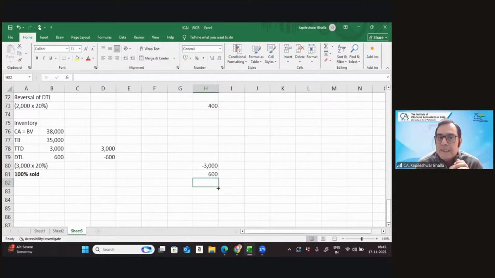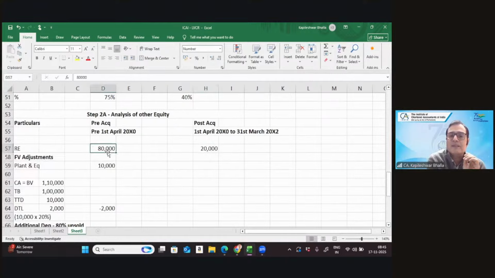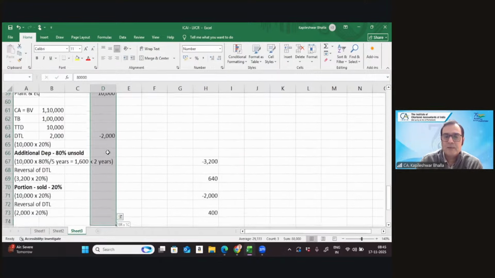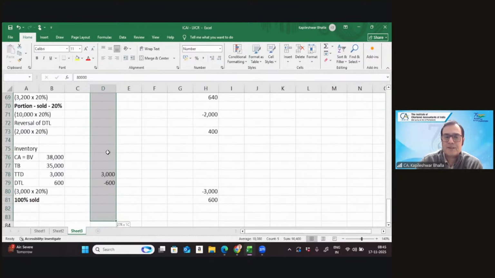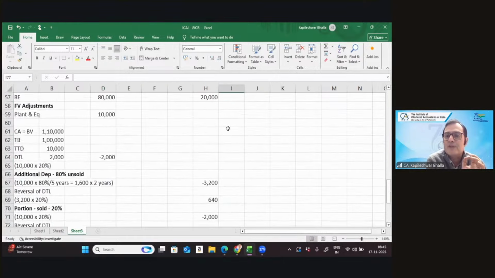Wow. So I think that takes care of the inputs in terms of things. Now let's do one thing. Let's now take the sum total of the pre and the post. Let's get the pre-acquisition total in this case. This is coming to 90,400.